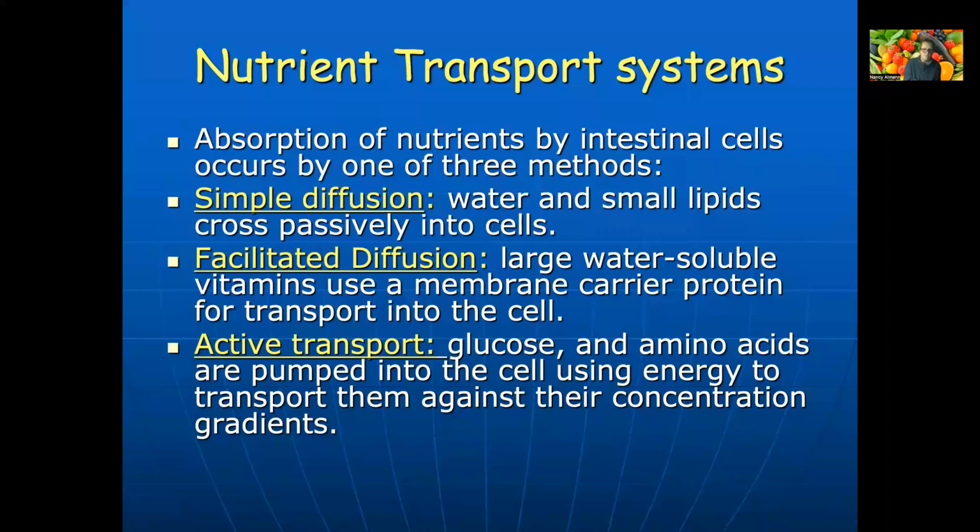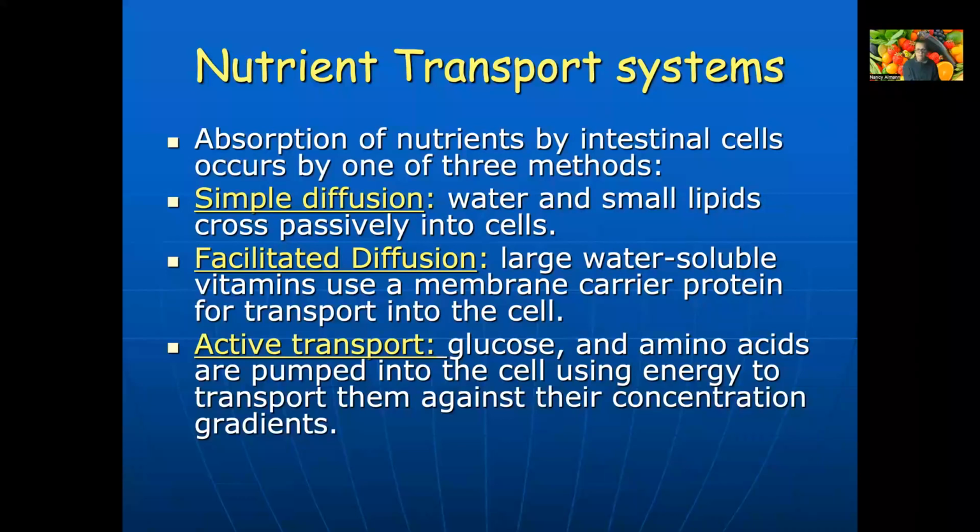You have a couple of other types of diffusion, which are various forms of facilitated diffusion, where you use membrane carriers to move various types of nutrients into the cell. And you also have some active transport mechanisms to move things like glucose or amino acids. As soon as you hear active transport, you know that those mechanisms require energy. When you hear passive transport, they do not require energy.